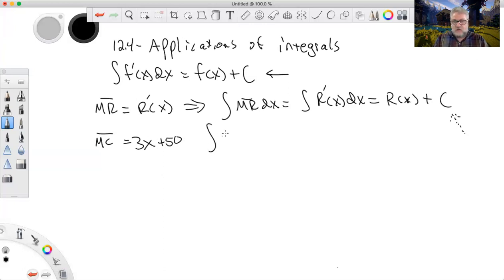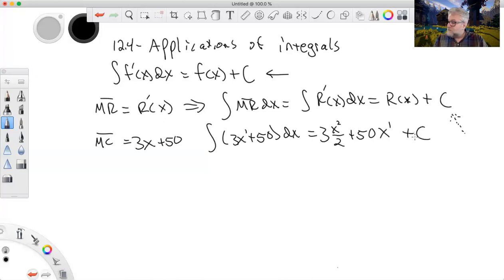So I'm going to integrate 3x plus 50 dx. So this is going to be x to the first power, so this will be 3 times x squared over 2 plus 50. This is x to the 0 power next to it, so that'd be x to the 0 plus 1 over 0 plus 1, plus c.